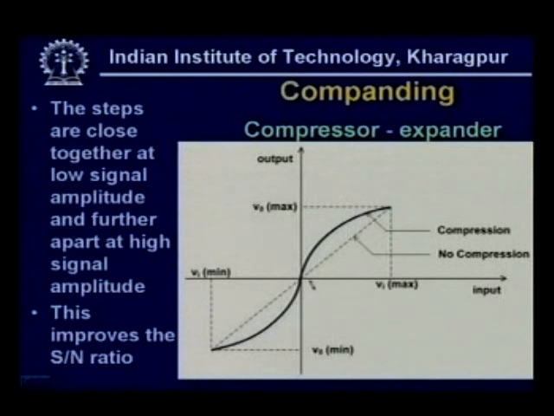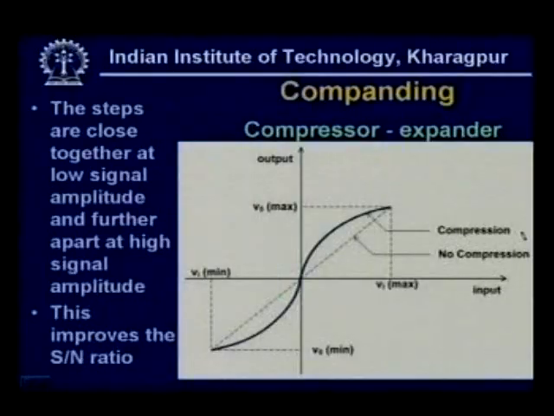The slope of this curve is the same in this particular case. But whenever you are using compression, the slope is more for smaller values than higher values. Then after passing through this nonlinear circuit, you can apply the signal to the analog to digital converter, and this will avoid the problem that we have already discussed.